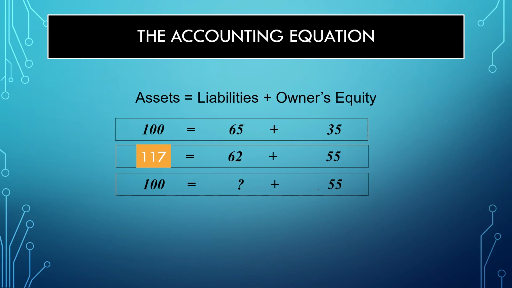You transpose this amount to the other side of the equal sign. From being positive, this 55 will be subtracted from 100. So that's minus 55. Therefore, you can get the missing amount, which is our liability. And how much is that? 45.